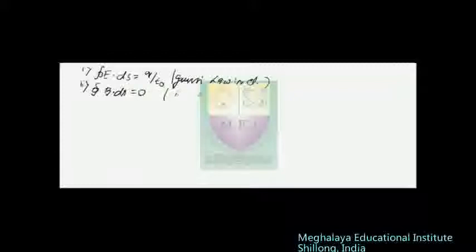It's the closed surface integral of E dot dS is equal to Q divided by epsilon naught. This is nothing but Gauss's law in electromagnetism, right? The next law is the integral of B dot dS is equal to 0. This is also Gauss's law, but in magnetostatics.